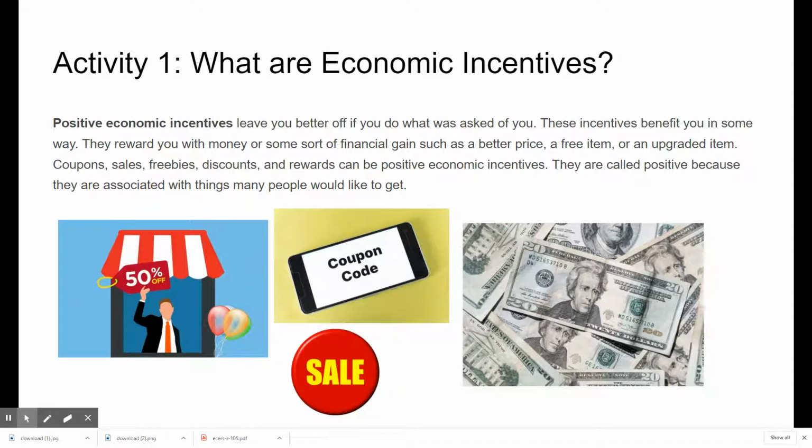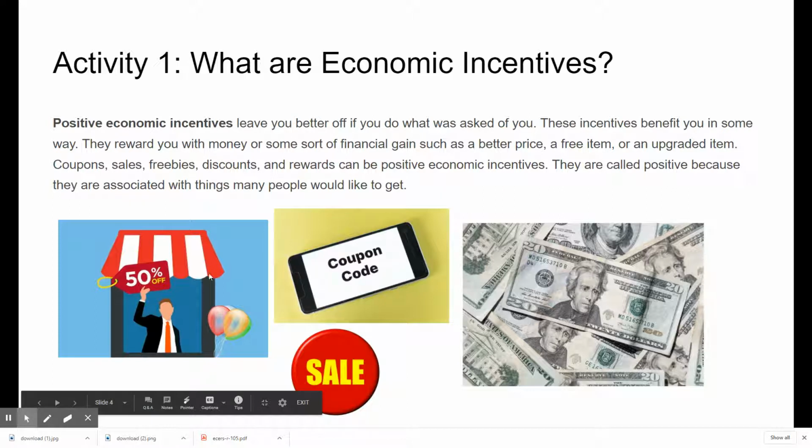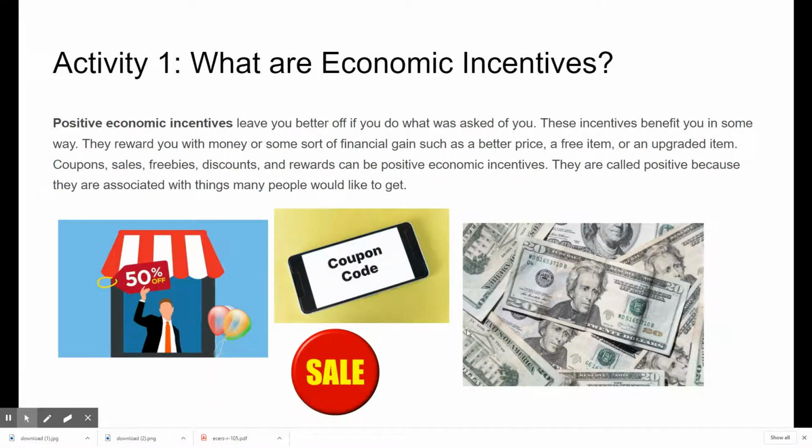They are called positive because they are associated with things many people would like to get. So, you are positively influenced when you have a 50% off sale, or you get a free coupon code, or just money because everyone likes money. So you're more likely to do things if you think you're going to get a positive incentive.